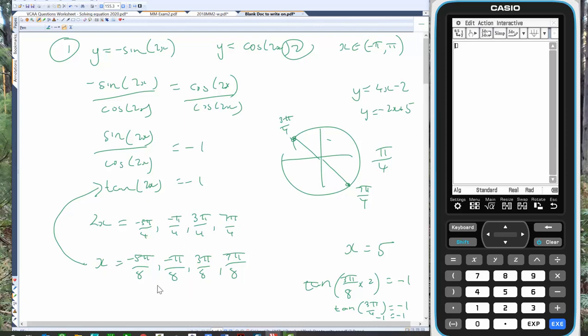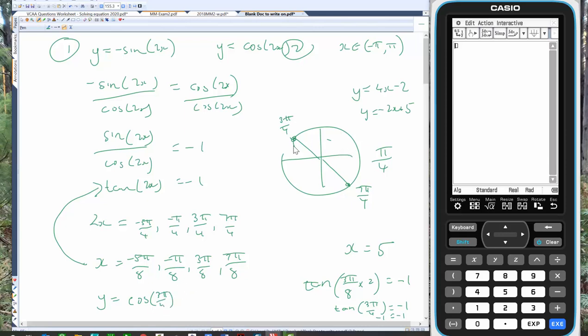Okay, now we need a y value. So what we've got to do is use these x values here and jam them into either negative sine of 2x or cosine 2x. I'm going to go with this one here. So I'm going to put them into y equals, and I'm going to take this one here. So cosine, 2 times 3 pi on 8 is 6 pi on 8, I've just worked that out, 3 pi on 4.